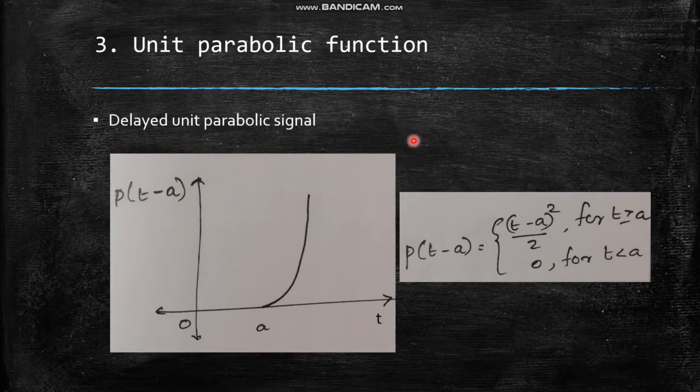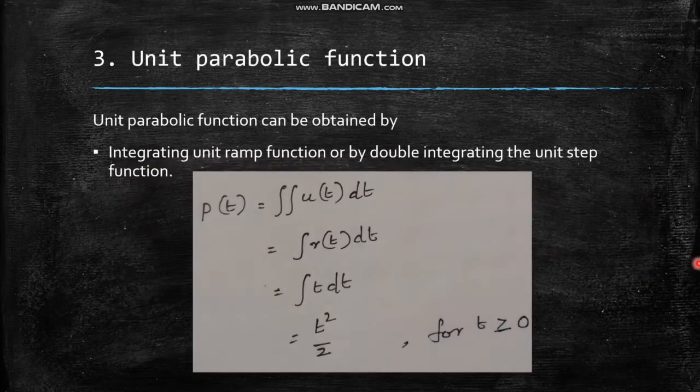Here we have a delayed unit parabolic signal, represented as p of t minus a, as it is delayed by a value of a. p of t minus a is equal to t minus a the whole square by 2 for t greater than or equal to a and 0 for t less than a. So instead of t, we are putting t minus a.